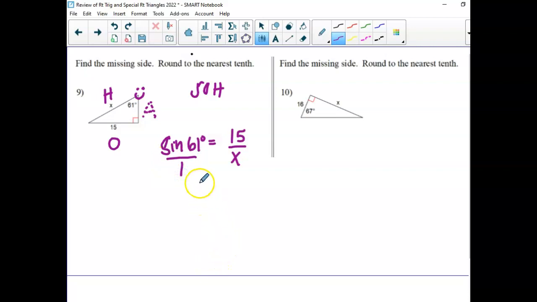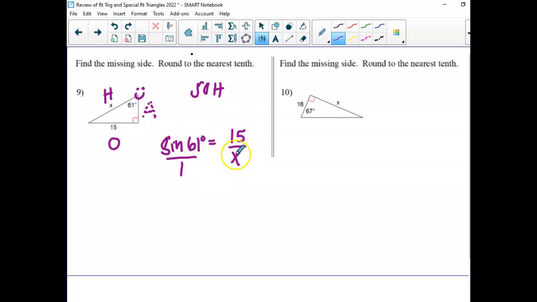Okay, so that was a lot if you didn't learn this in geometry. We labeled them, we chose the function, we set up the ratio. Everybody okay? And then to solve, can someone tell me how I'm going to type that in my calculator?